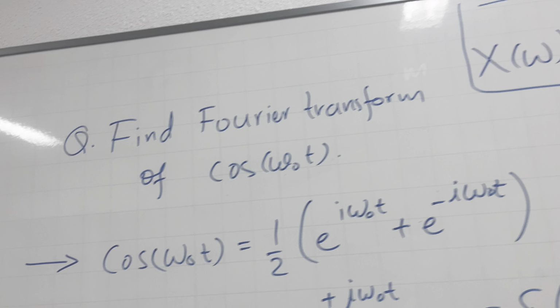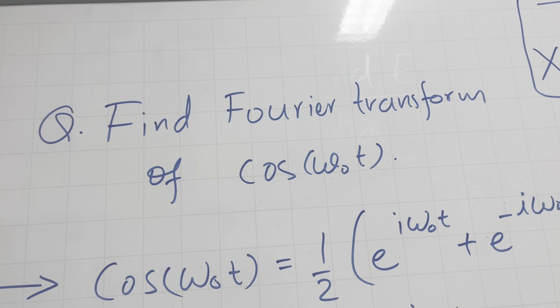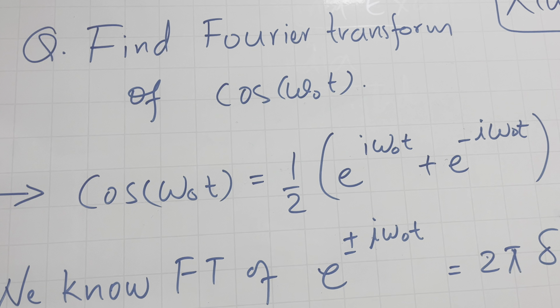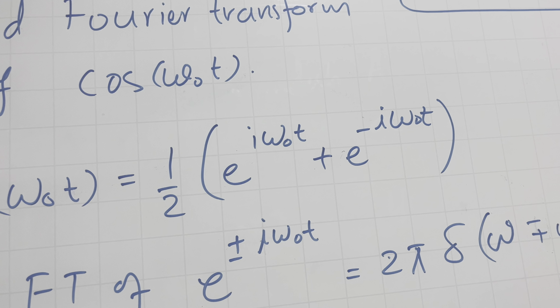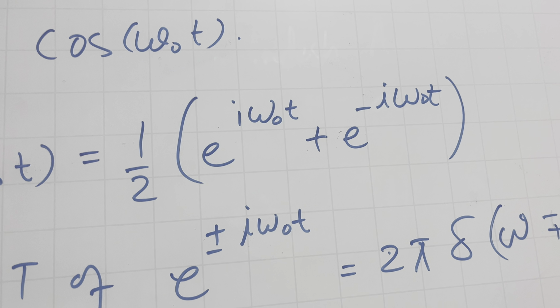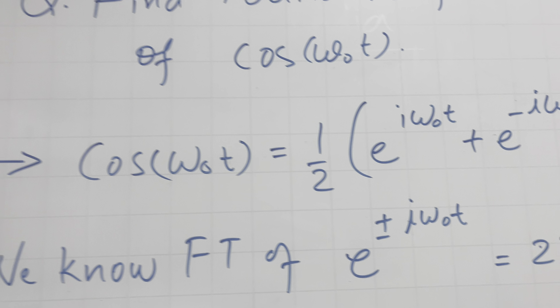Now one example: find the Fourier transform of the function cos omega naught t. So we know that cos omega naught t can be written as half of exponential i omega naught t plus exponential minus i omega naught t, which is known as Euler formula.